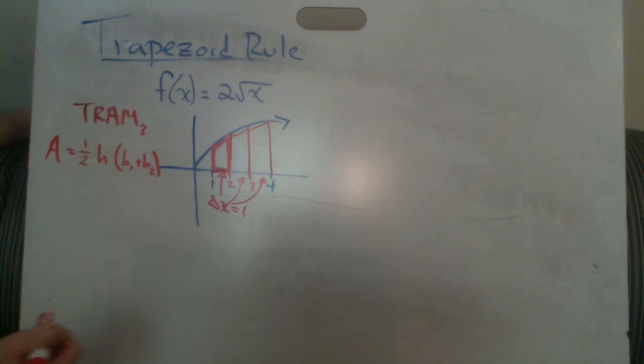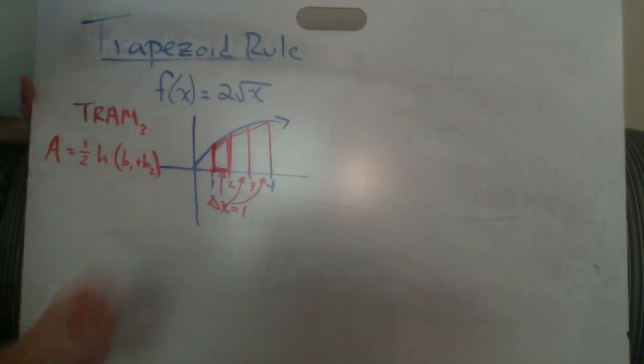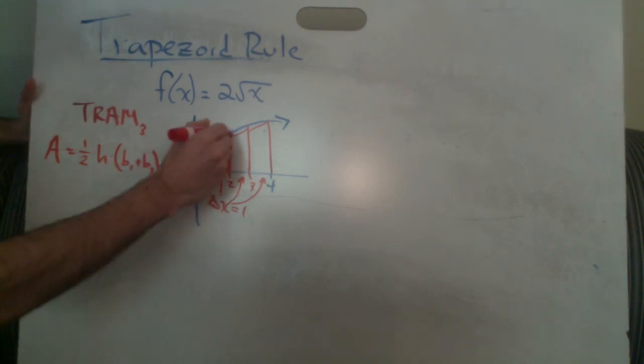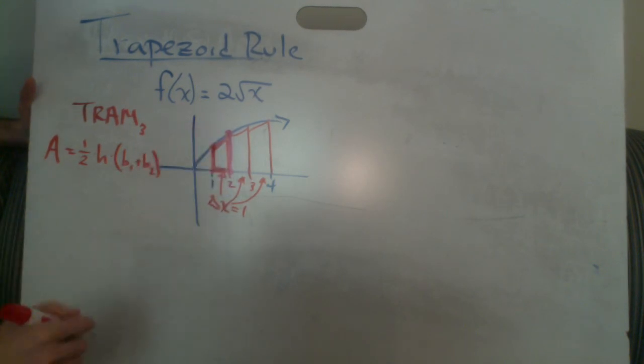B1 plus B2 is what I'm going to figure out here, and it's not going to be so bad, because all I need to do is say, oh, this length is B1, and that's just f of 1. And this length is B2, and that's just f of 2.